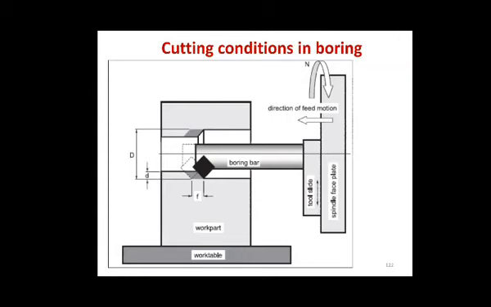Machine tools which rotate the boring bar against a stationary workpiece are called boring machines, also boring mills. Boring can also be accomplished on a turning machine with a stationary bar positioned in the tool post and a rotating workpiece held in the lathe chuck. So these are the cutting conditions in boring.